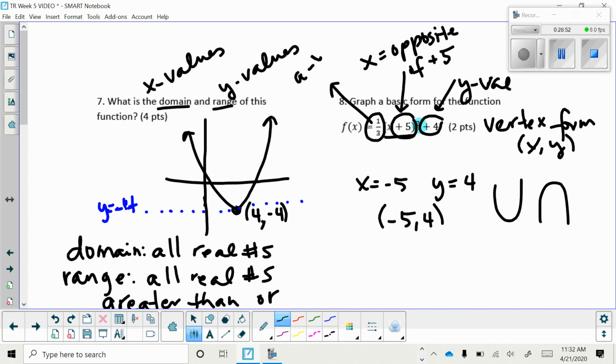This a value, and here's the money question. Is it positive or negative? Positive, right? So if a value is positive, then the graph opens up. If the a value is positive, the graph opens up.